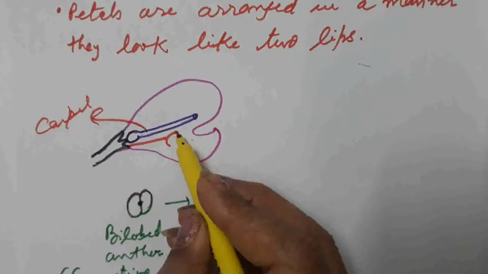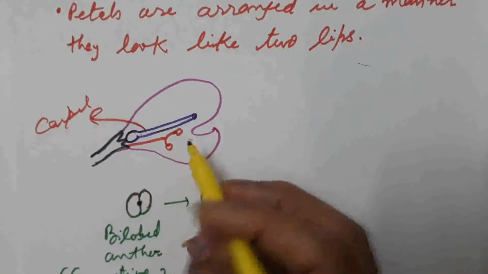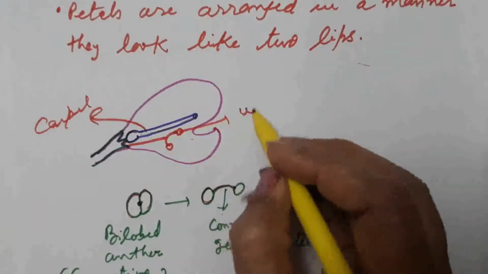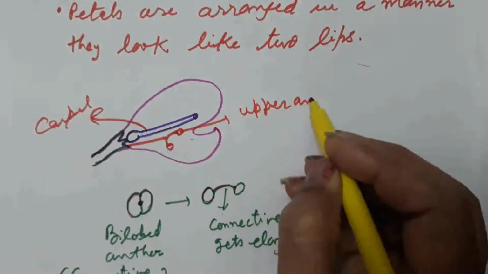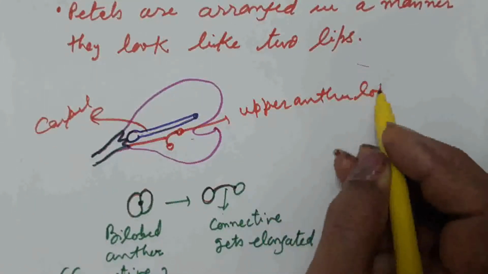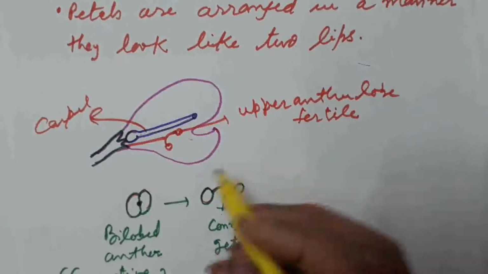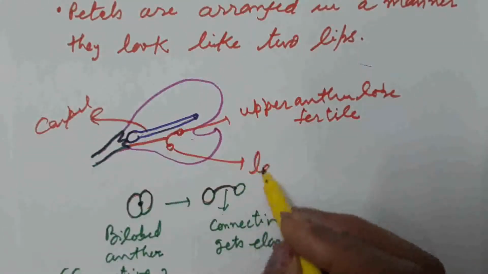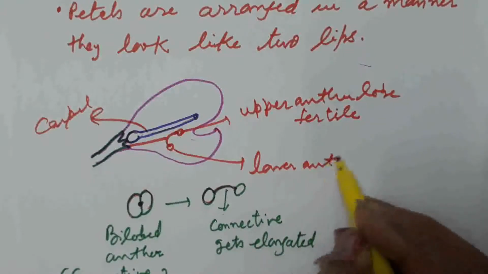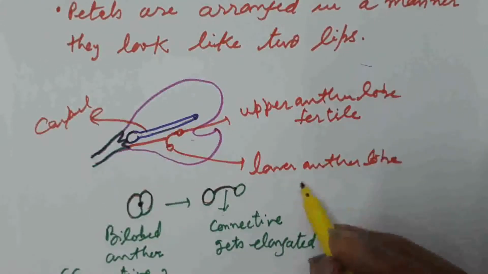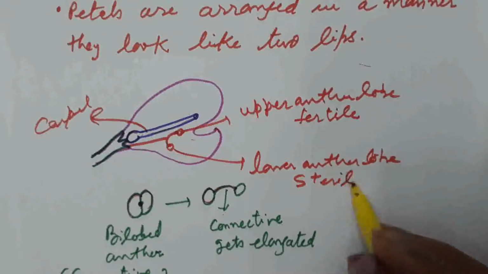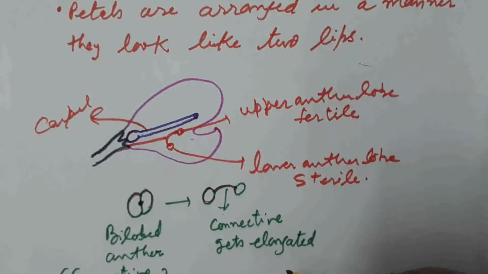On this connective, two anther lobes are present. The upper anther lobe is fertile, in which pollen grains are present, and the lower anther lobe is sterile, and does not participate in the formation of pollen grains.